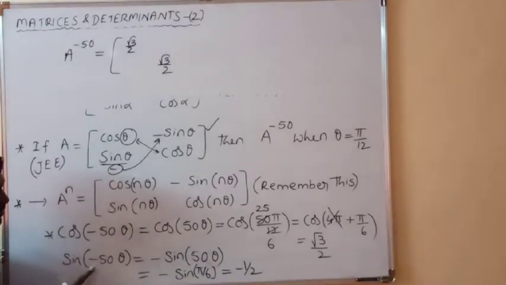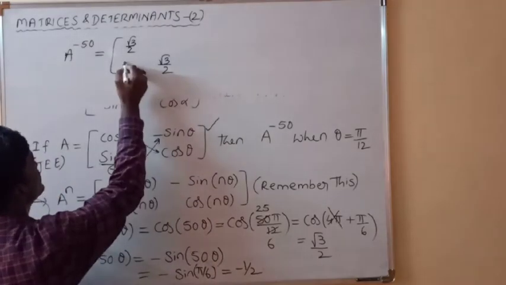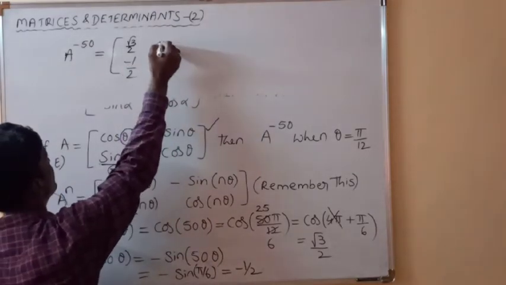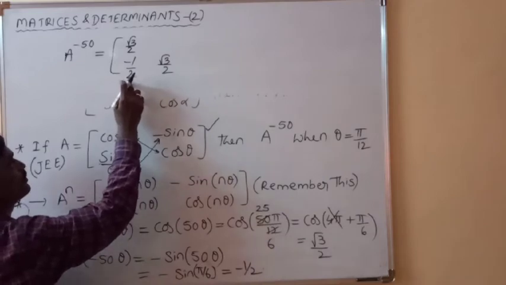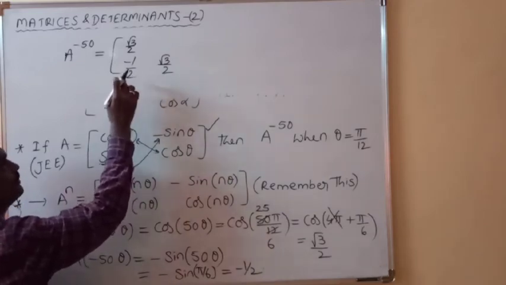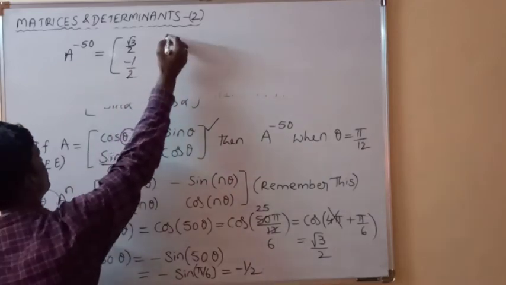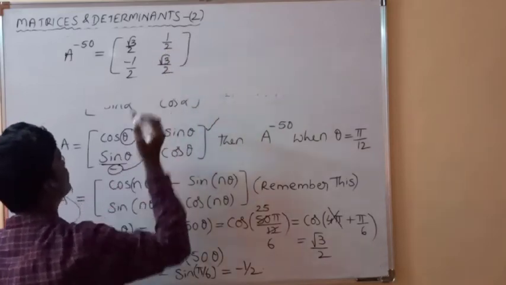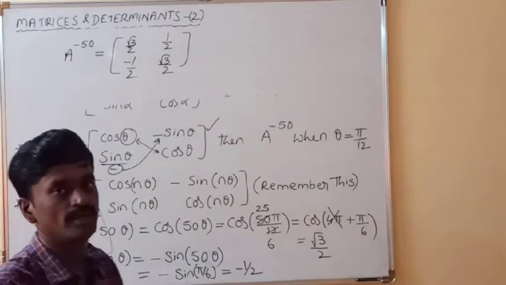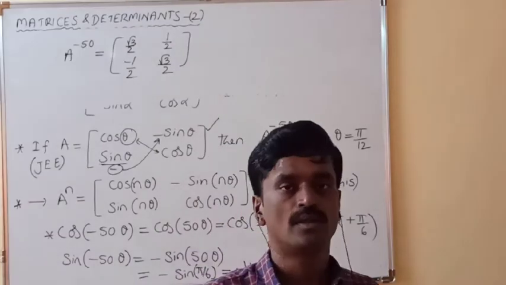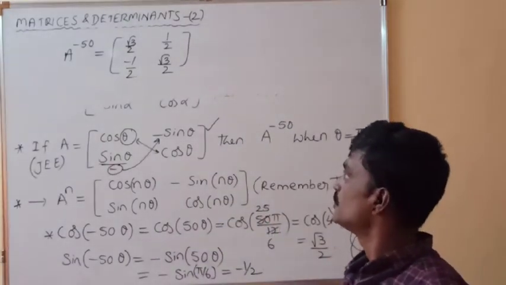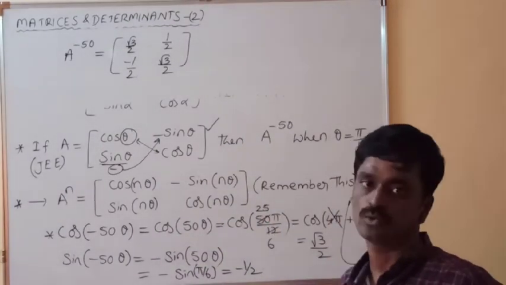What is sin of minus 50 theta? Minus 1 by 2. And this position we get by just multiplying this position by minus 1. If you multiply by minus 1, what you will get? Plus 1 by 2. So thus in A power minus 50, the elements are root 3 by 2, 1 by 2, minus 1 by 2, root 3 by 2.